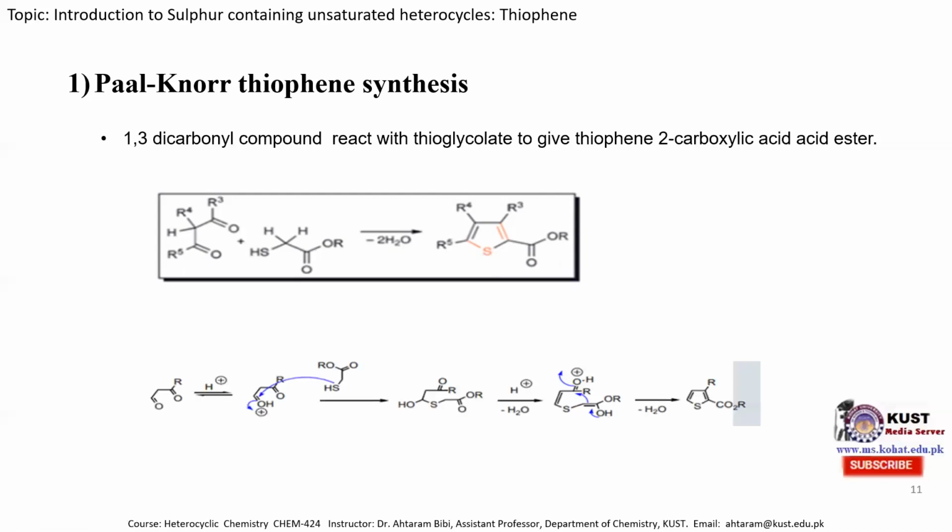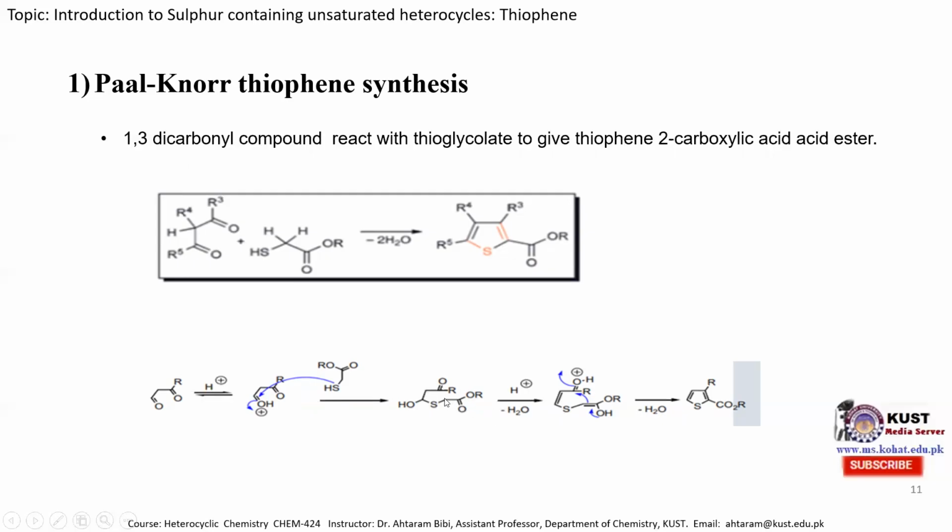The mechanism is shown here. In the first step, this reaction proceeds in the presence of an acid, so it is protonated. Then the sulfur, carrying the lone pair of electrons, attacks this carbon atom, producing this intermediate species. Then a water molecule is eliminated, hydrogen from here and hydroxyl from here, producing an unsaturated species.